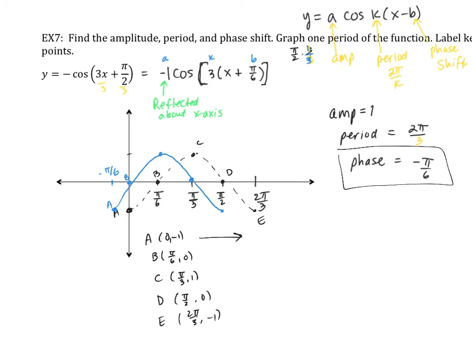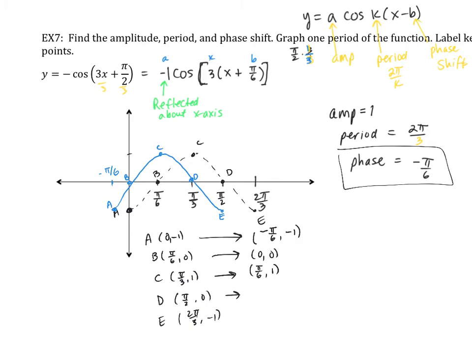So now our key points are over here. So we would subtract pi over 6 from the x value there. We would have negative pi over 6, -1. This one would go to 0, 0. Then we would have pi over 6, 1.